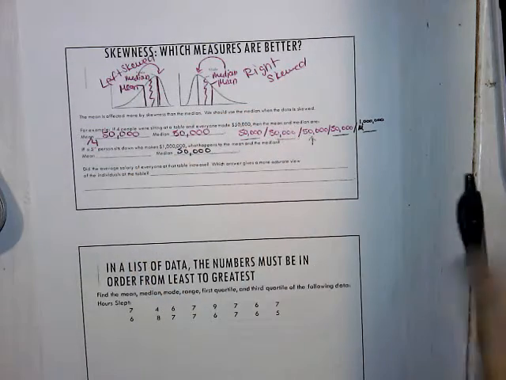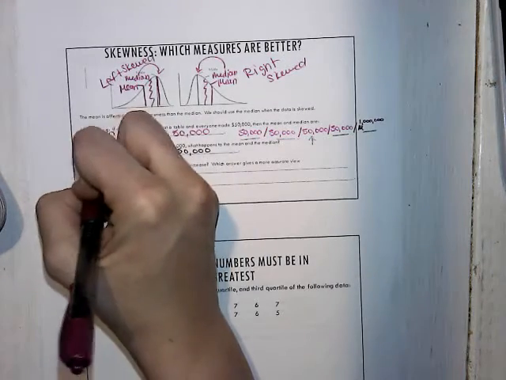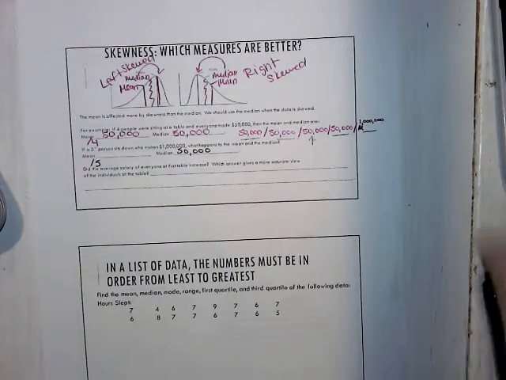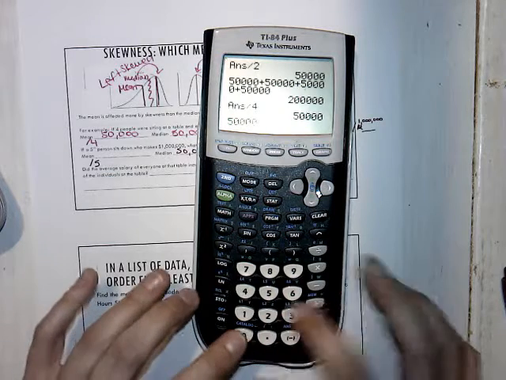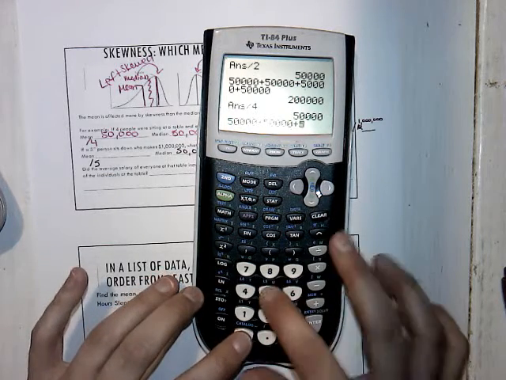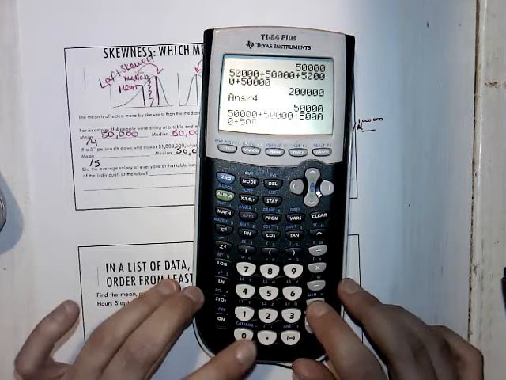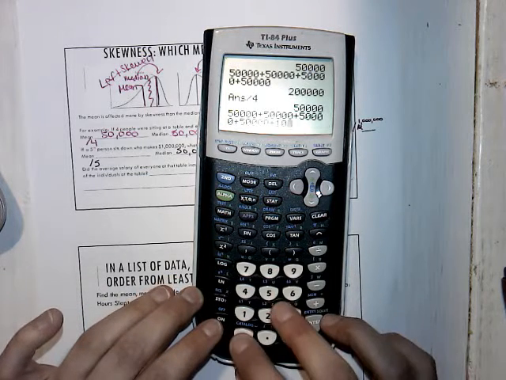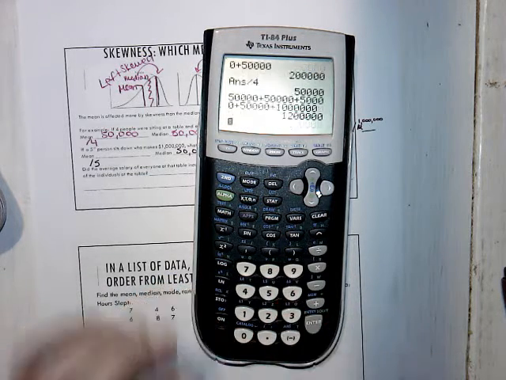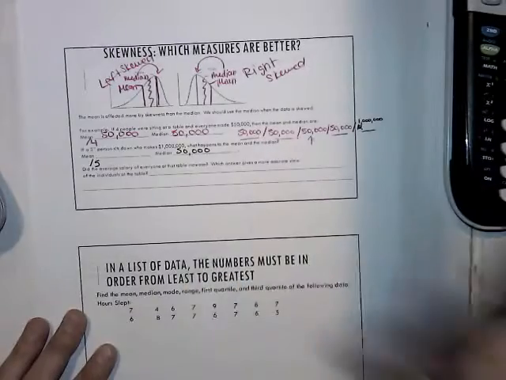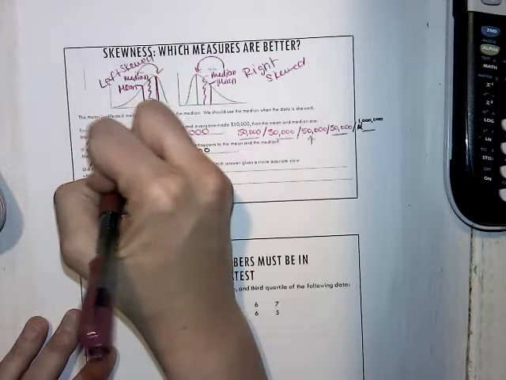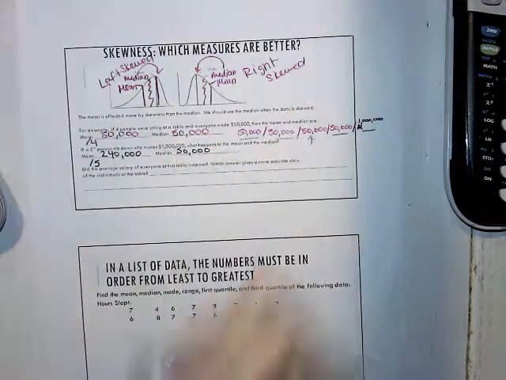But our mean is going to change. And instead of dividing by 4 this time, we are going to divide by 5. So if I take those four 50,000s and add in the 1 million, and I divide that by 5, I now have 240,000. Our mean has changed drastically.